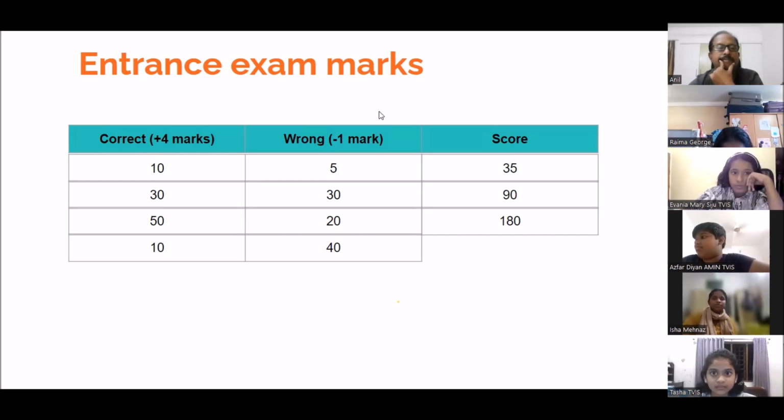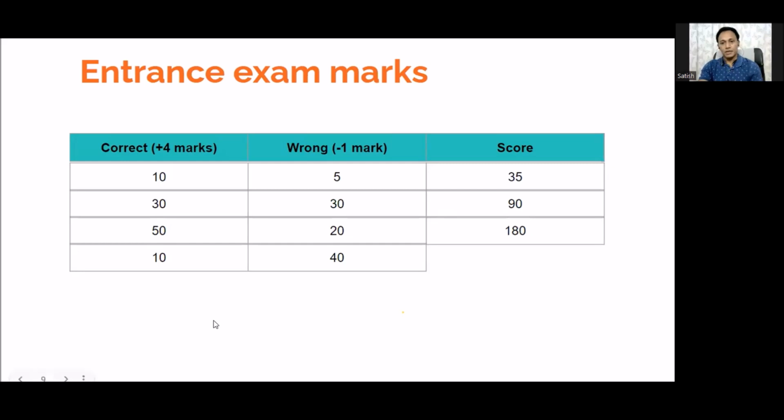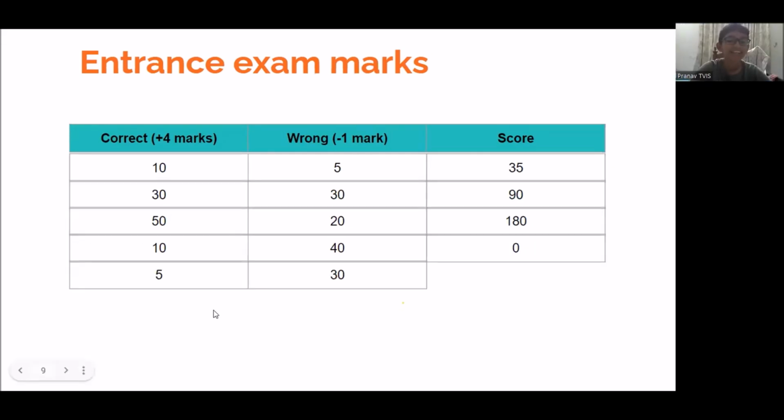You calculate. Then it will be minus 10 marks, right? Yeah, it is minus, but they will round it to 0. The point is it will actually go to minus, but they will round it to 0.